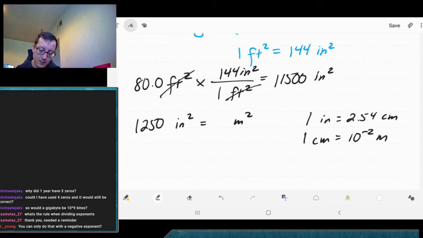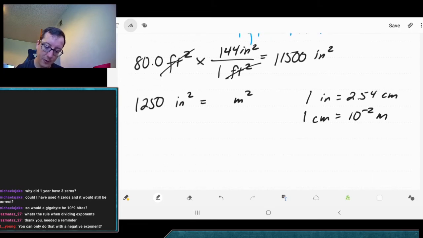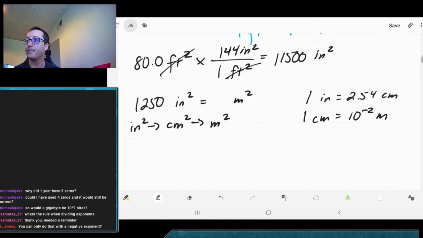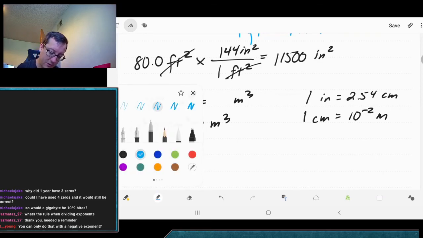Okay, so if you want to do this, plan it out. We see that we're going to have centimeters squared as our intermediate. Since all of these are, in fact, let's use cubic ones, because why not? If we have cubic units, it may make sense to just cube our conversion factors.